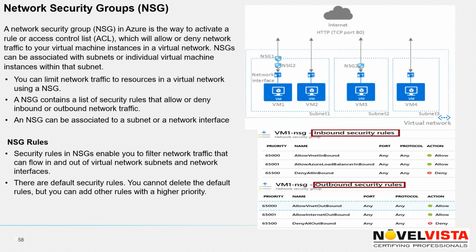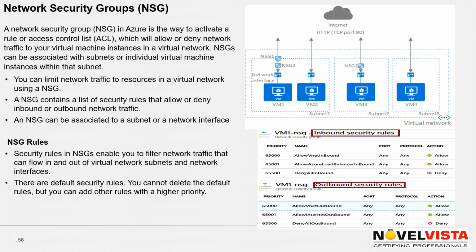Similarly, if there is outbound traffic from one of the VMs, then they will also look for that traffic and inspect it. If it is allowed, they will allow it. If it is denied, as per the rules which are configured, it will deny it. So they are just gatekeepers, and they basically govern the communication. That's what a network security group is, which is similar to an access control list in on-premises networking.